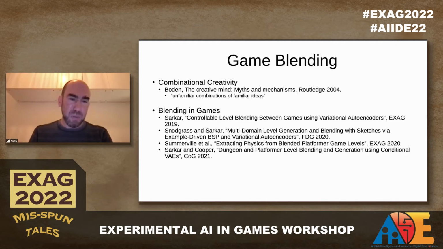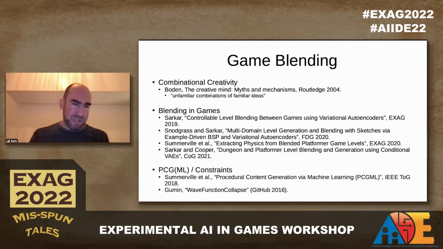There's been some work recently in blending games, for example using variational autoencoders to generate blends of different games, even extracting the physics out of a blended game level and seeing how the character might move, and even some work looking at blending very different genres of games like dungeons and platformers. So this is contributing to that.